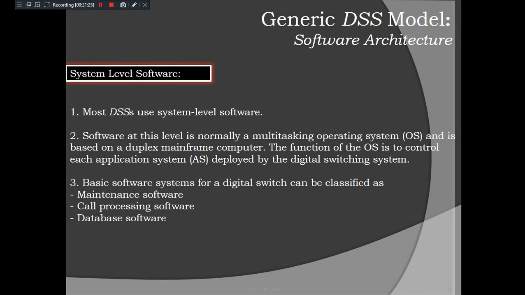So next one is the software architecture. Guys, here we want to pause to some extent before we advance to the software architecture of a generic DSS model. So far we covered hardware architecture, which is a very important part.